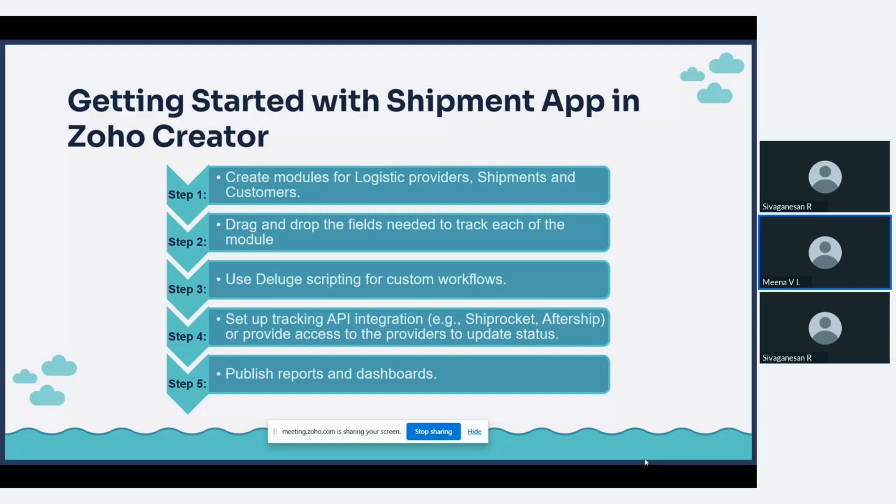You need not even give them portal access to update. You can directly pull it via API, and you can update the status accordingly. All those are also possible. And at last, once you have all the data within, you can build the reports, and you can publish it with your management at any point of time.